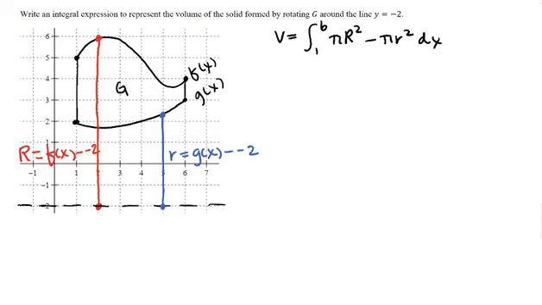And I've already defined large R and small r. I'm going to factor out the pi. Large R is f of x plus 2, and then small r is g of x plus 2.